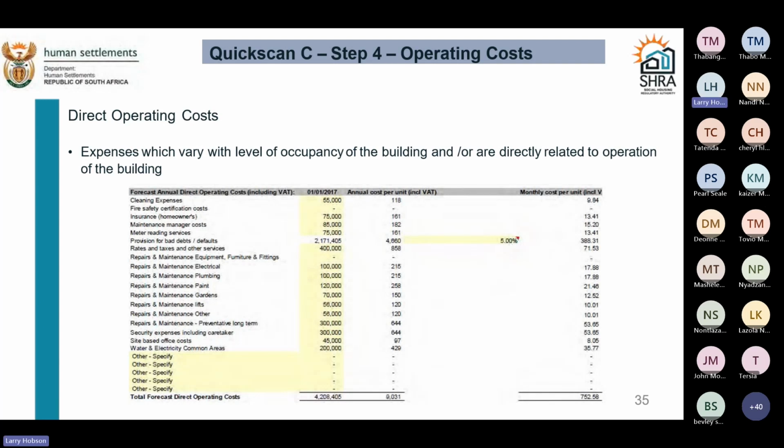That's different to vacancy. Vacancy you've entered elsewhere. This is where you're expecting to write off debts of people who haven't paid for a period of time. And if you've got any other costs that aren't listed here, you can specify them in the yellow block below.